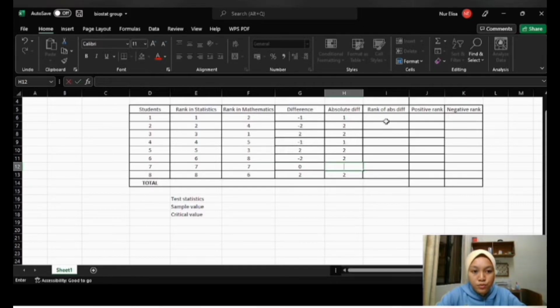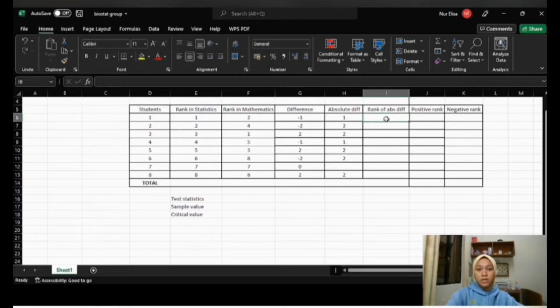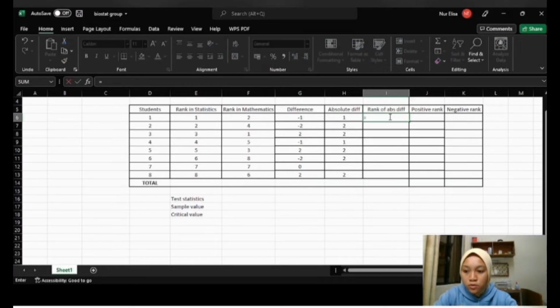Now we're going to rank the difference. We want to know which difference is more extreme and which is less extreme. So I'll be using equal RANK.AVG. We take the absolute difference and I choose 1.